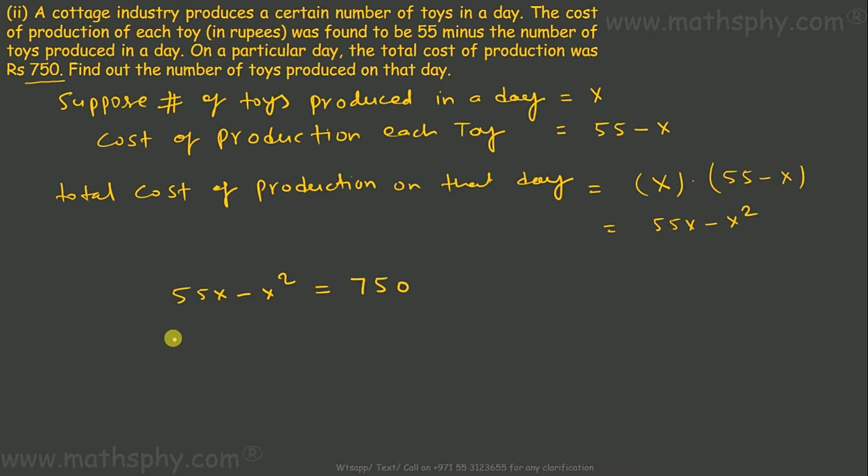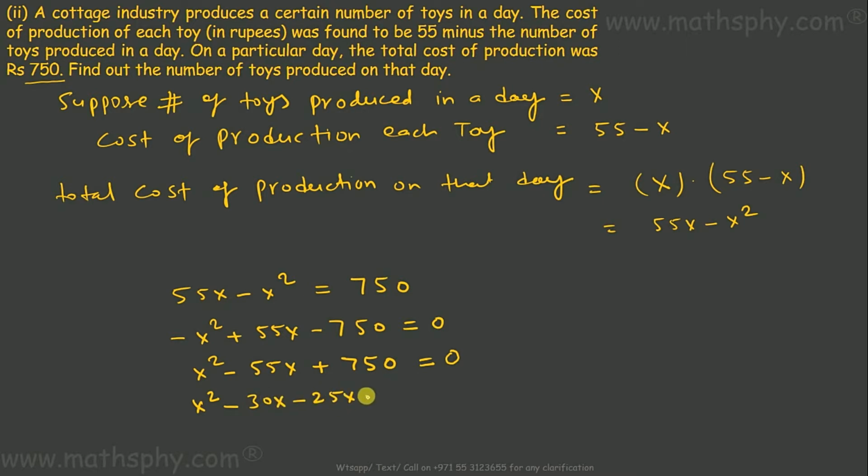If I write this way, minus x squared plus 55x, this 750 comes this side, equals 0. I take negative common, so this will be x squared minus 55x plus 750 is equal to 0. Now let's factorize this. This can be x squared minus 30x minus 25x plus 750 equals 0.